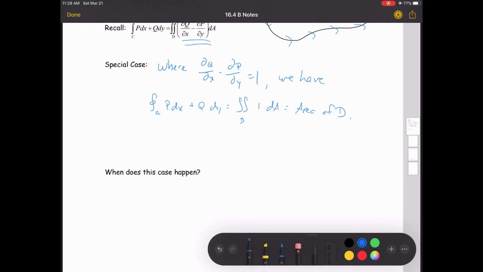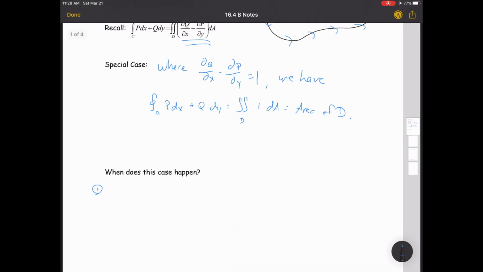All right, number 1. I'm trying to leave this right at the top of the screen so you can still see our Green's theorem up there. If we let Q equal x, then P would have to be 0. Why is that? Let's take a look. So if we have the line integral of x dy, that's what that would leave us with.